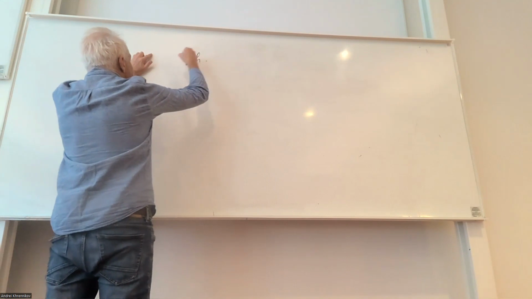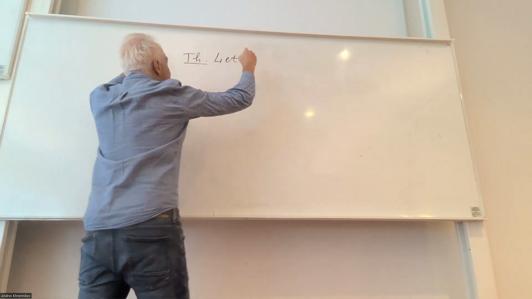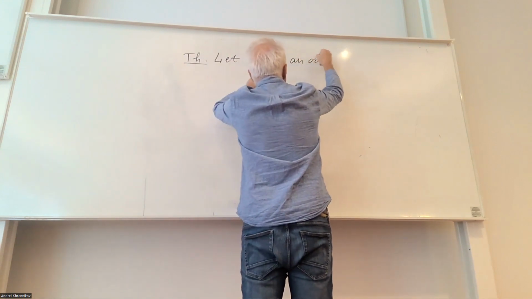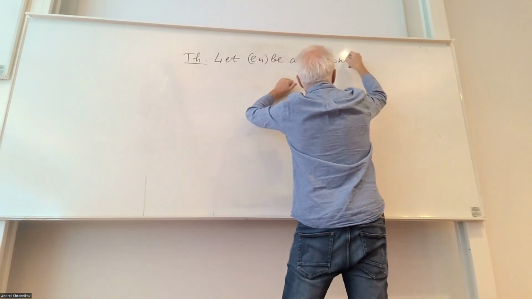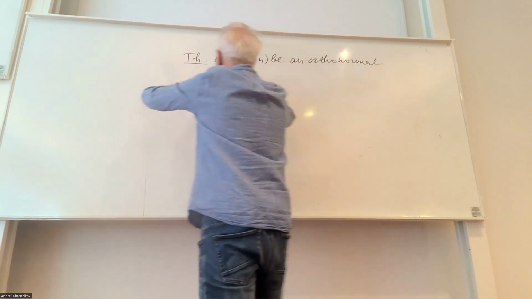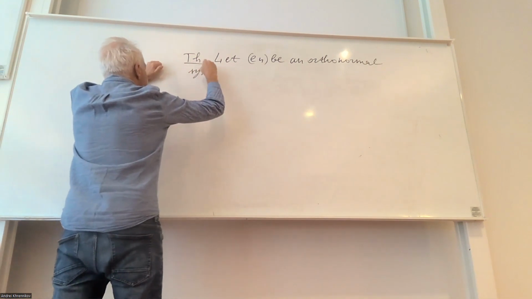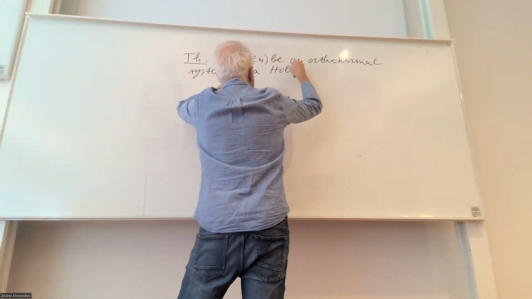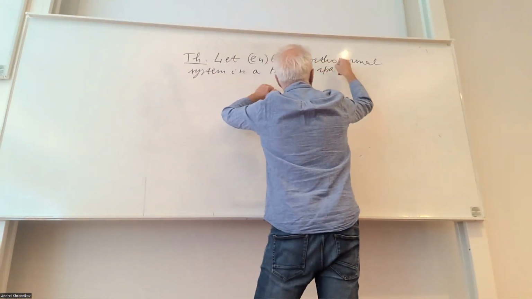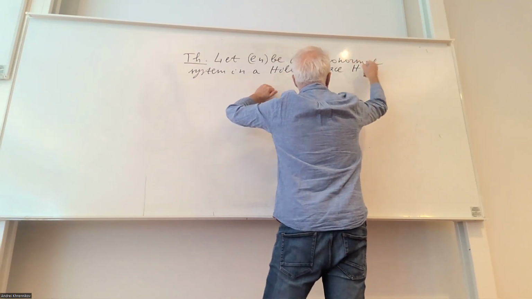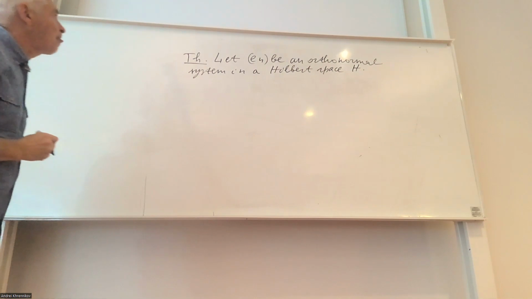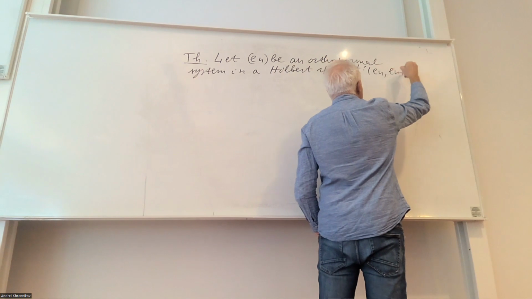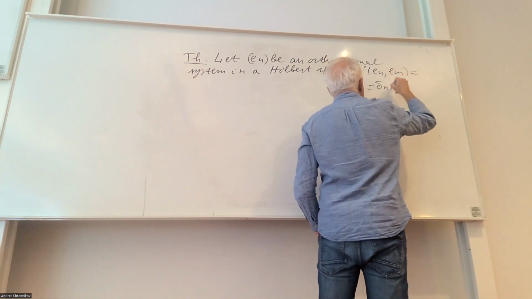Theorem. Let En be an orthonormal system in a Hilbert space H. So this means that En Em is equal to delta Nm.